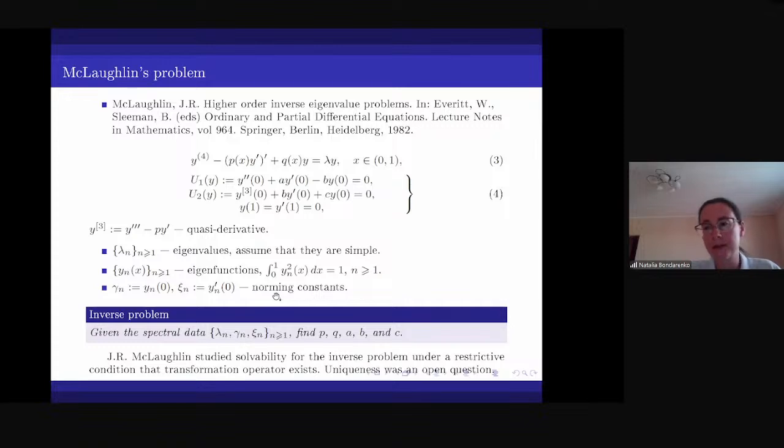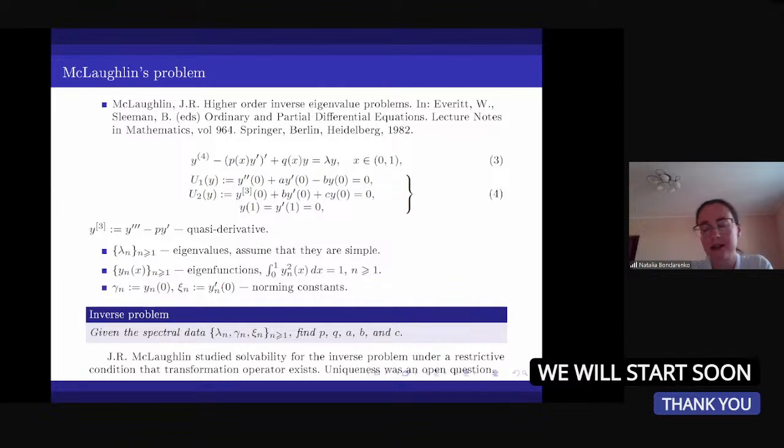And the problem of McLaughlin is formulated as follows: given the spectral data, the eigenvalues and two sequences of norming constants, we have to find the functions p and q and the constants a, b, and c from the boundary conditions. Clearly this problem generalizes, so it was an attempt to transfer the results by Marchenko and by Gelfand and Levitan to the fourth order case.